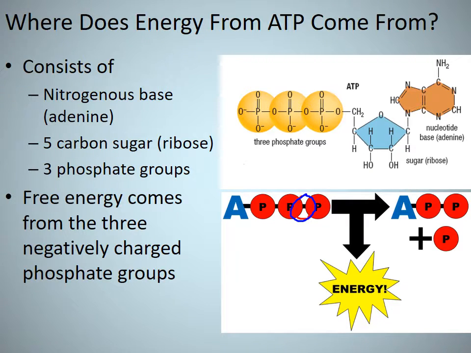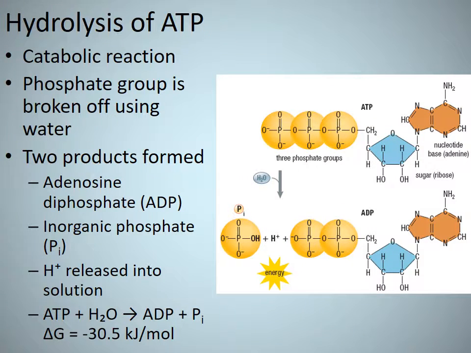We end up going from ATP to ADP plus phosphate, essentially, and a release of a lot of energy, about negative 30.5 kilojoules per mole. That energy will be used once the hydrolysis of ATP occurs.